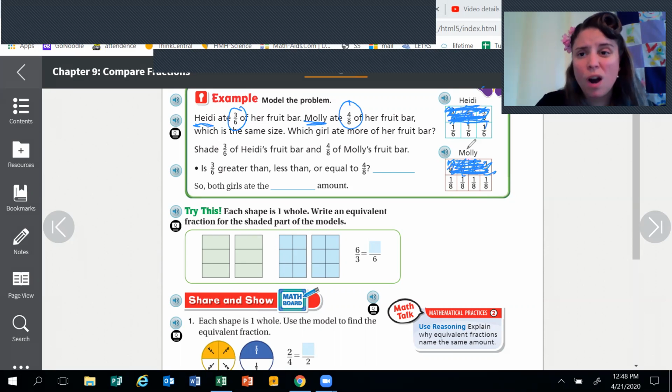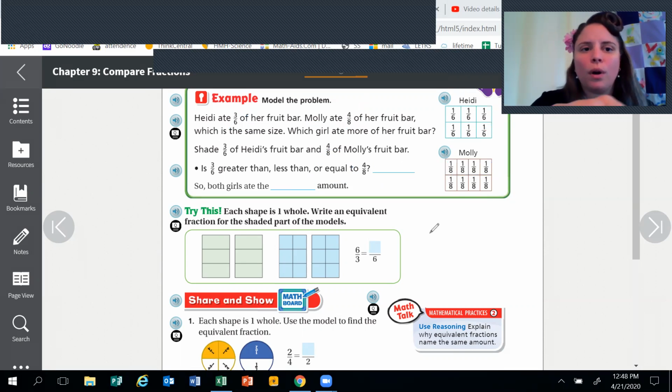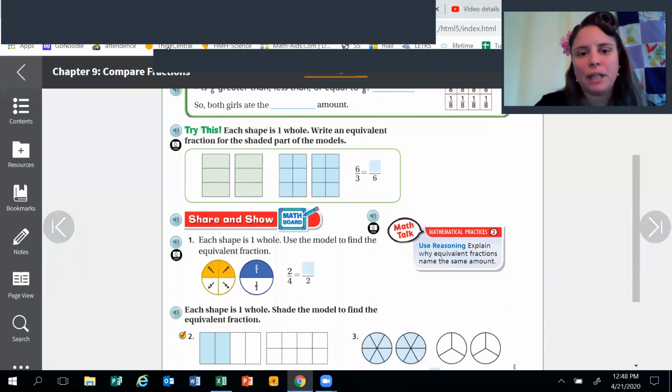No. They are what? Equal or equivalent or the same. So here we're going to write equal. So both girls ate the same amount. Now, that wasn't a surprise because what are we working on today? Equivalent fractions. So of course they're going to do a word problem where they're equal.